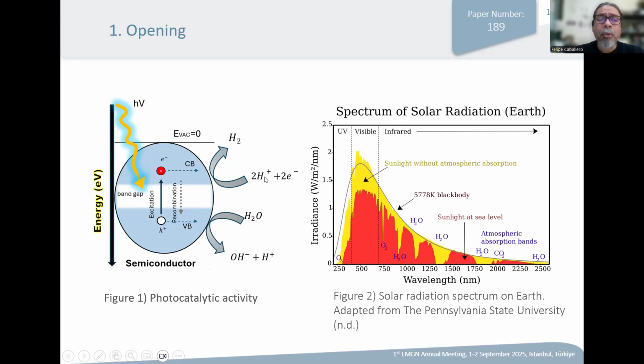Afterwards, it produces hydrogen or oxygen in the valence band and the conduction band, which will lead to photoreduced or photooxidized pollutants or to hydrogen generation, which is the point of this presentation. Of course, the energy will depend on the solar spectrum, and for photocatalysis it's interesting to engineer materials with a band gap close to the sun's maximum.